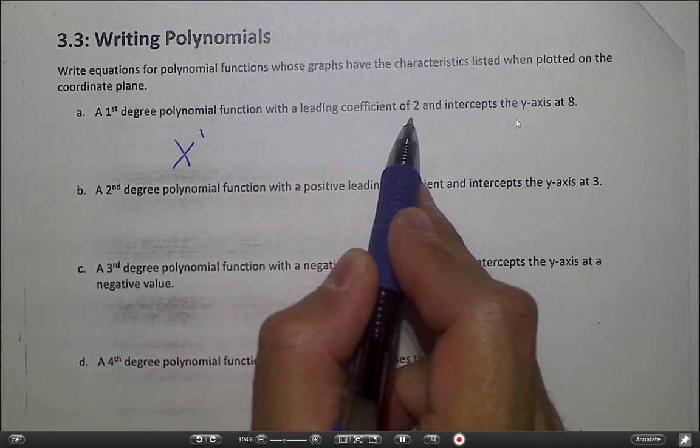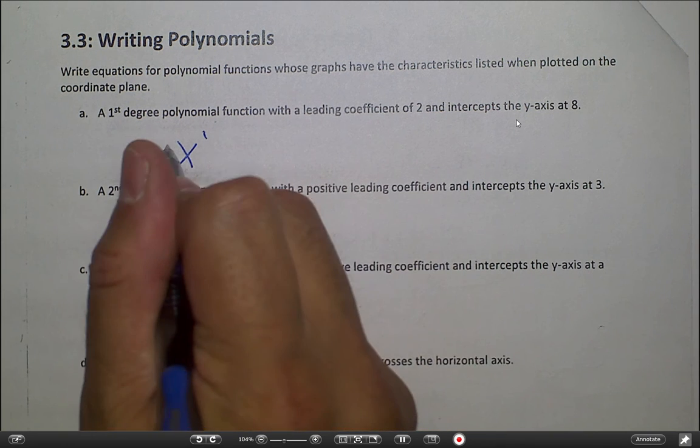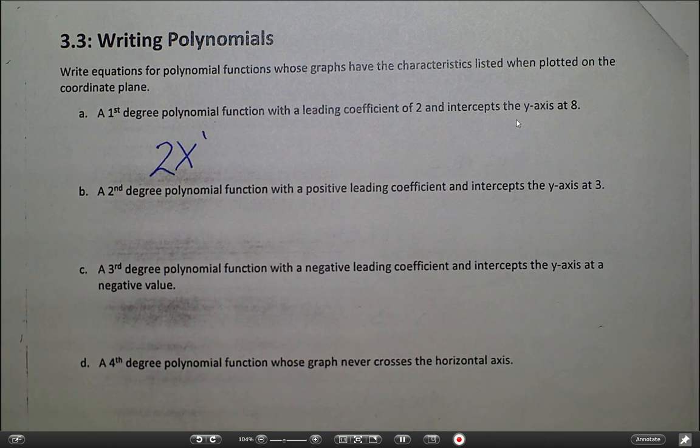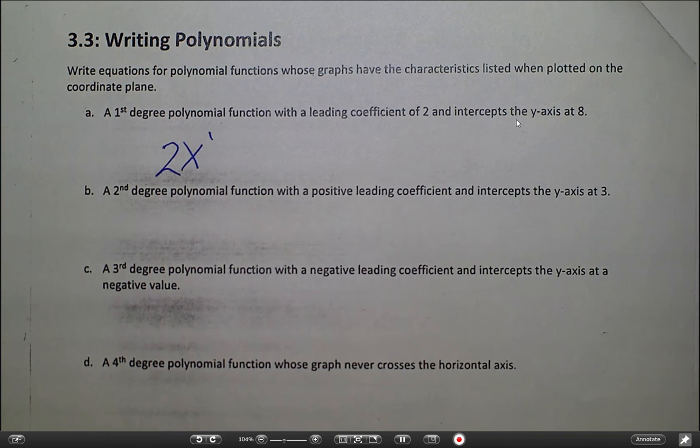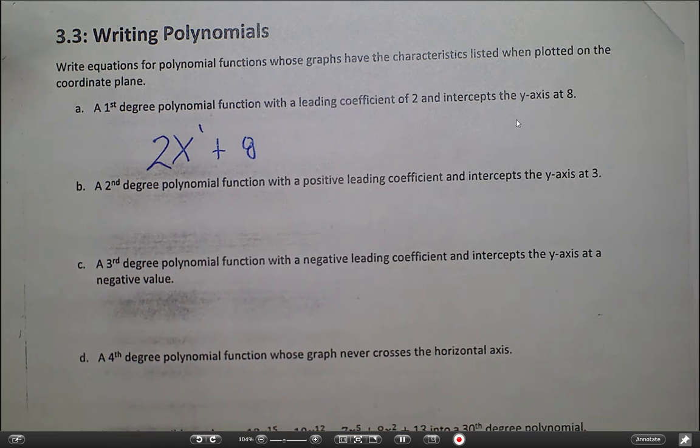So what do I do with the 2? Put it in front of it. Very good. Put it in front. And it intercepts the y-axis at 8. Plus 8. That's it.